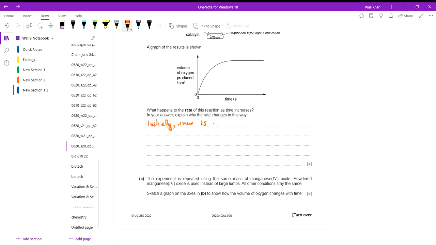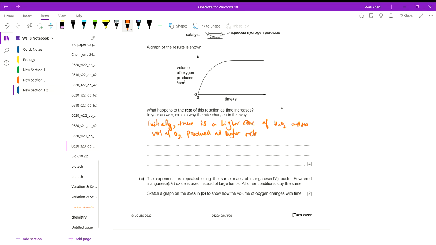Initially there is a higher concentration of hydrogen peroxide and the volume of oxygen is produced at a higher rate, or the rate of the reaction increases, due to the higher concentration of hydrogen peroxide.